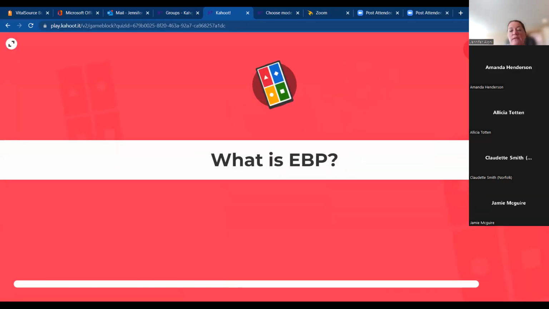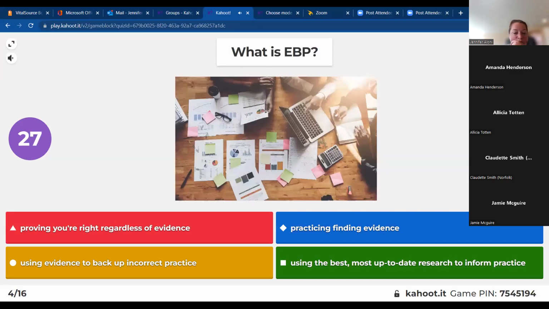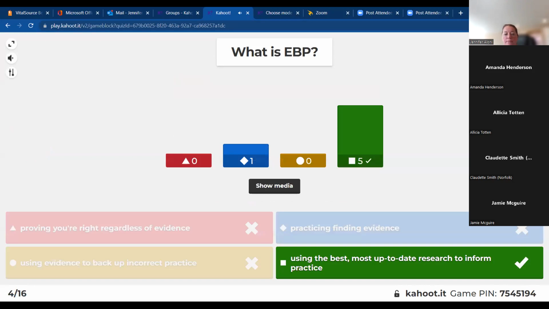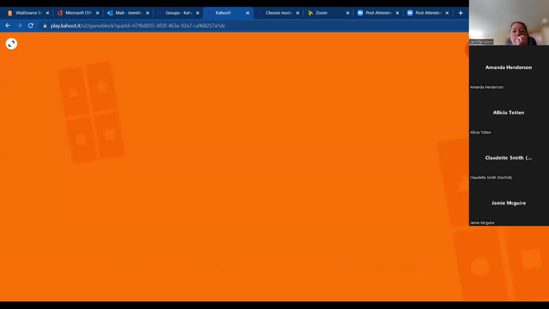What is evidence-based practice? Right, good. Everybody got it? Good. All right. So evidence-based practice is when we're going to be using that evidence that we found to change what we're doing. Okay, so we're not going to be finding the evidence. We're going to be using it once it's already been found. All righty, next.